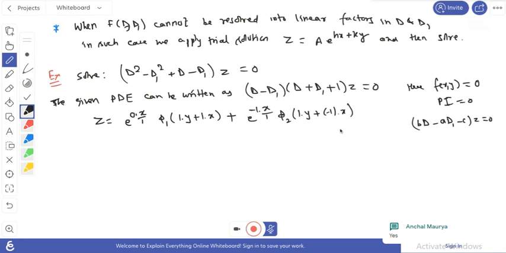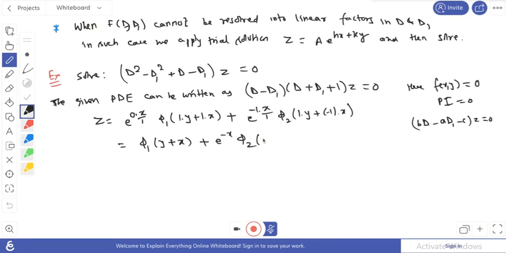Okay, where phi 1 and phi 2 are the arbitrary functions. So you can write directly what is the complementary function, what is the solution. So this becomes phi 1 of y plus x, plus e to the power minus x, phi 2, this is y minus x. Okay, where phi 1 and phi 2, these are arbitrary functions.